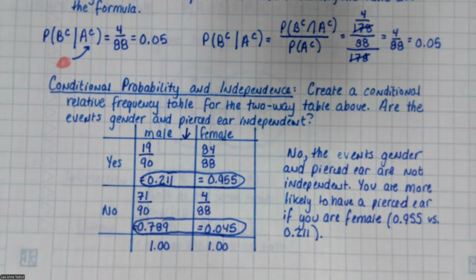Okay, now what I'm going to do on the next page after you flip this is appeal to you that I don't need to make this whole table to determine independence. Do you notice that I only really looked at two numbers? So why fill out the whole table? There's an actual formula you can use that you don't even need to make the table. If I could find the probability of this and the probability of this and just compare them to each other, I don't need to make a table.